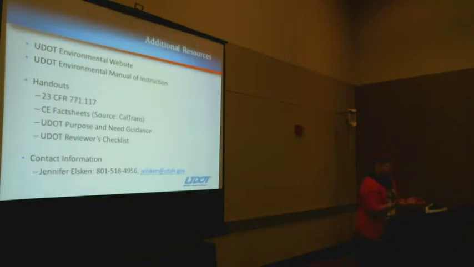And it might be, but it might not be. So a CE doesn't mean you don't do anything. It doesn't mean there's no impacts. It just means it hasn't risen to the level of needing to prepare an EA or an EIS. And it's balancing. So I don't know. Does that make sense?